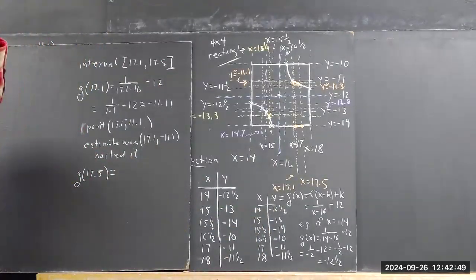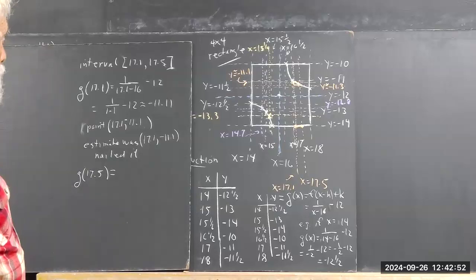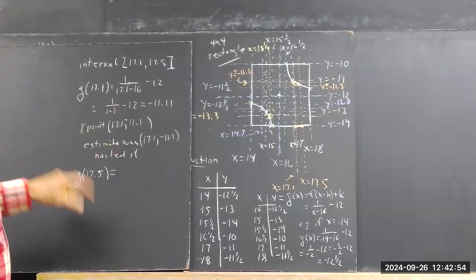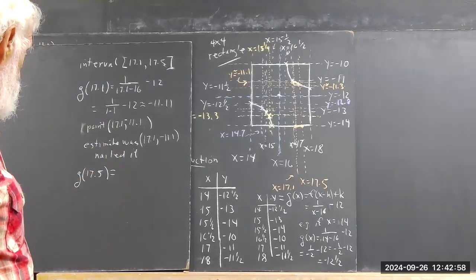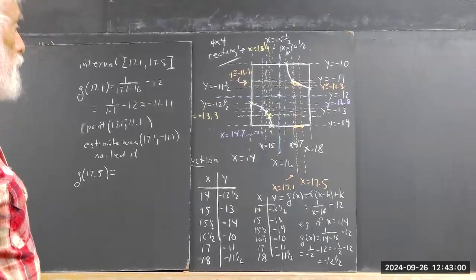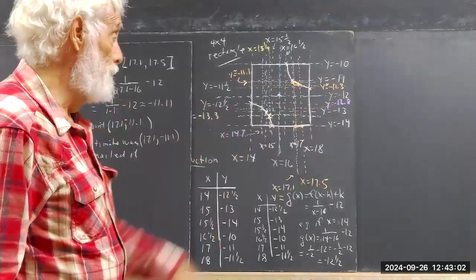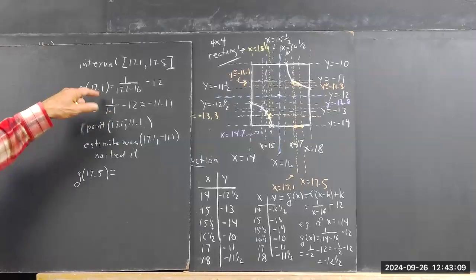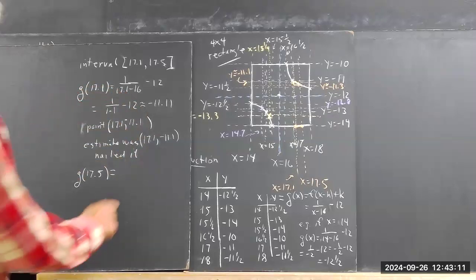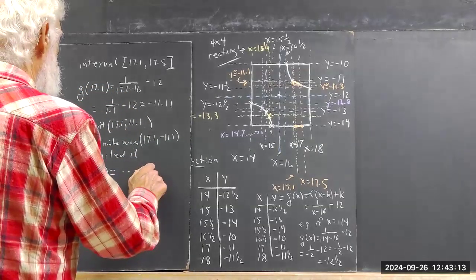Okay, anyhow, let's put 17.5. Well, your denominator is going to be 0.5. Reciprocal is going to be 2. You're going to have 2 minus 12. And, oh, wait, no, sorry, it's 17.3. Okay, so you're going to have 0.7, reciprocal 0.7 minus 12. Now you want to write it out. So you fill in the dots.